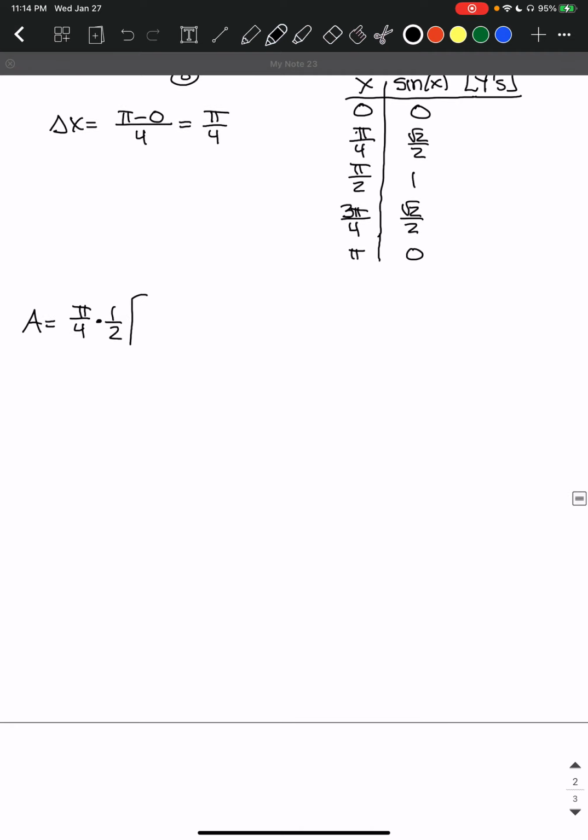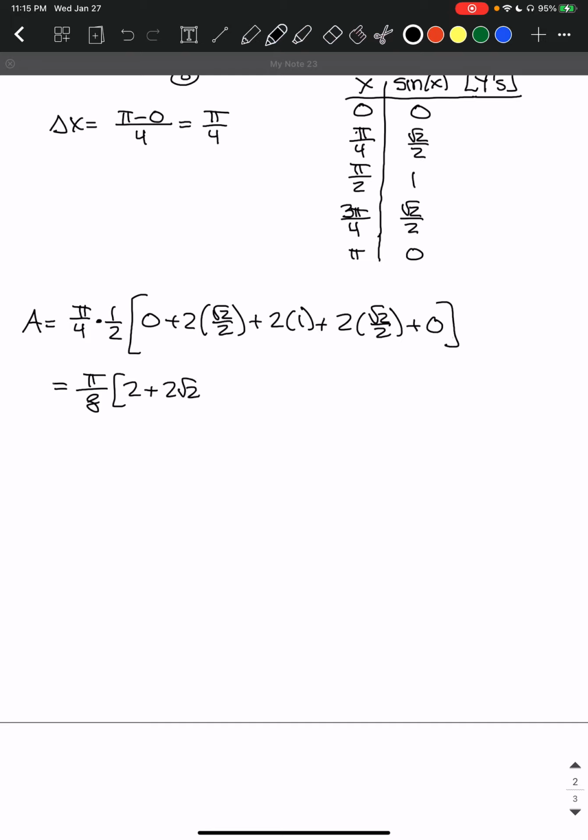And then literally sum up all of the things. So I have 0 plus 2 times root 2 over 2 plus 2 times 1 plus 2 times root 2 over 2 plus 1 times 0. So you get pi eighths times 2 plus 2 root 2.